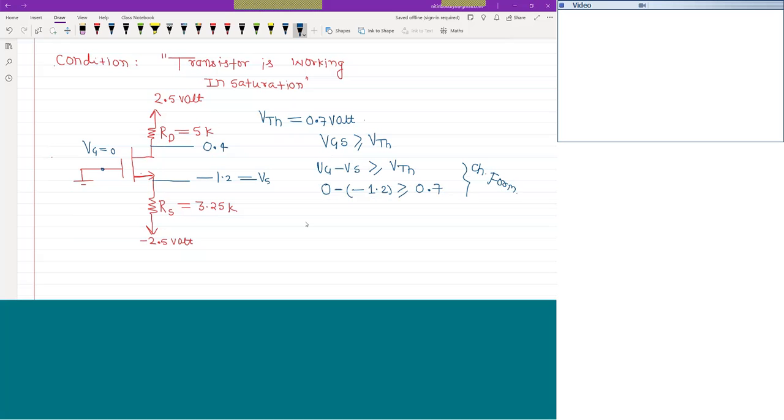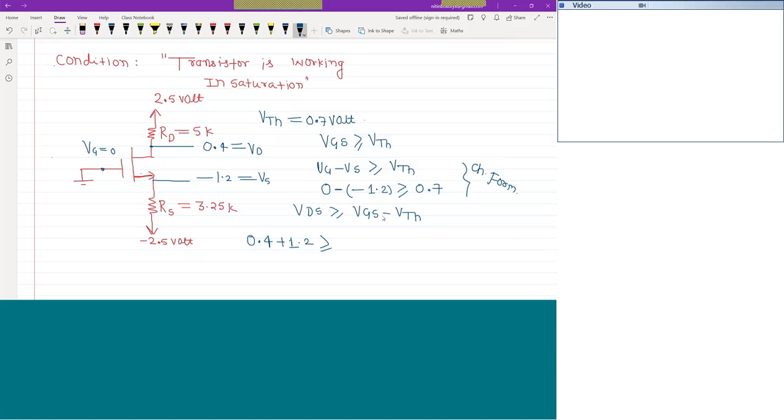Now we are interested in the condition of saturation, and what that condition is: VDS should be greater than or equal to VGS minus VTH. चलो VDS निकालते हैं. VD कितना है? ये ड्रेन टर्मिनल है, तो ड्रेन टर्मिनल में यहाँ का वोल्टेज नहीं, इस टर्मिनल का वोल्टेज. VD is equal to 0.4 minus VS कितना आ जाएगा? 1.2. माइनस किया तो प्लस.